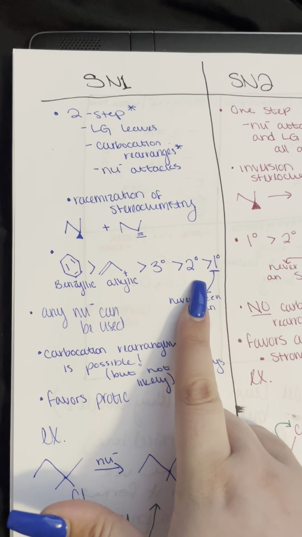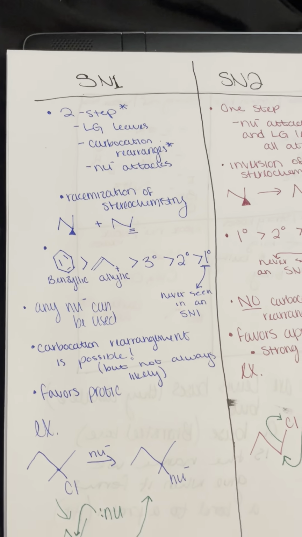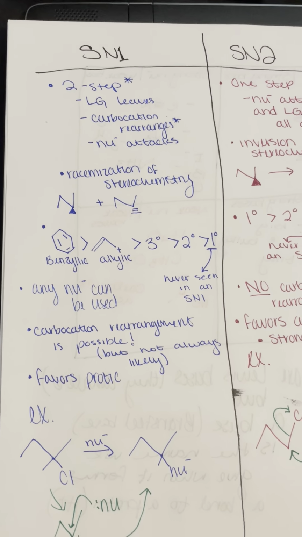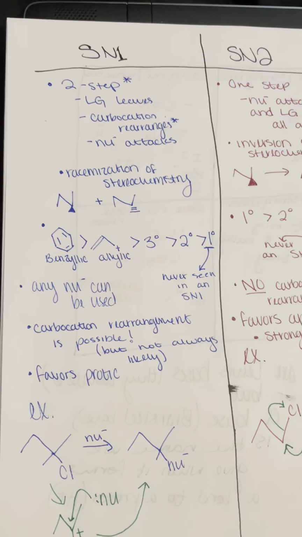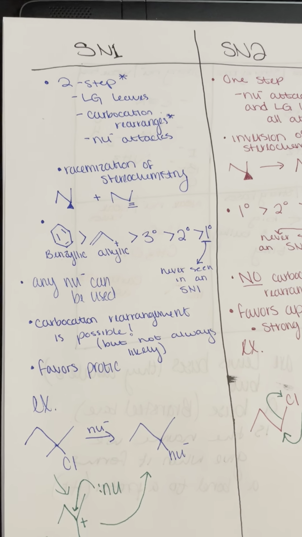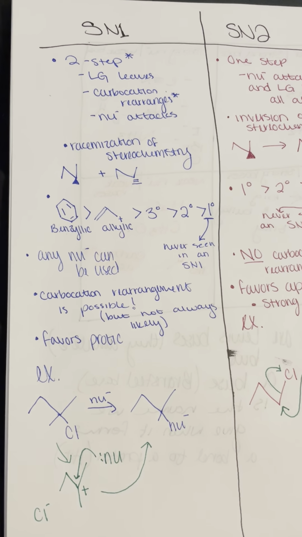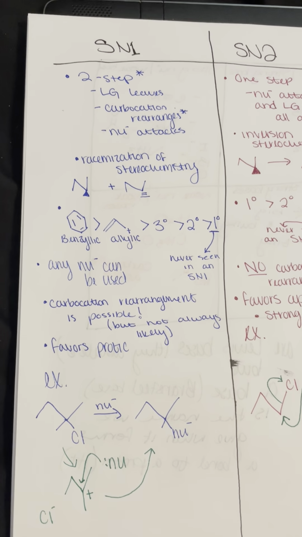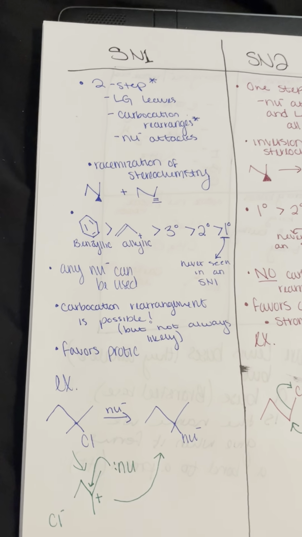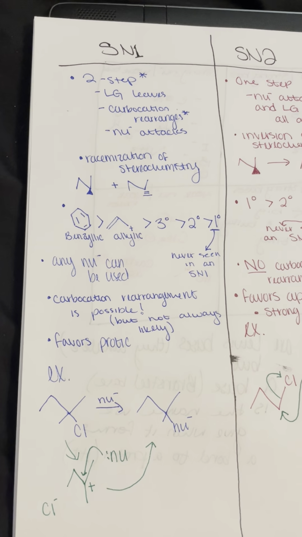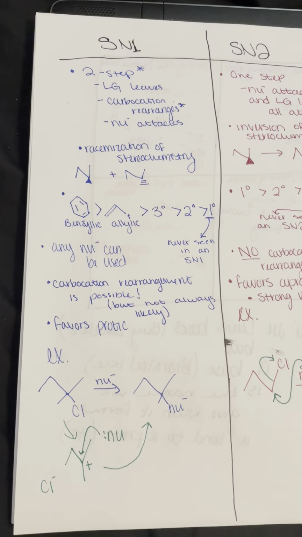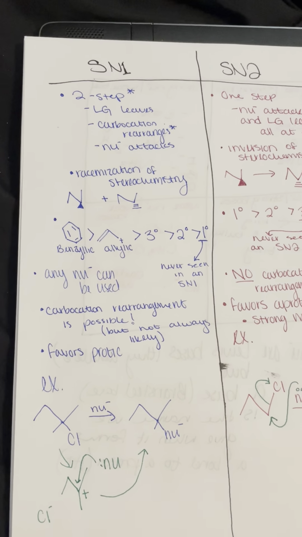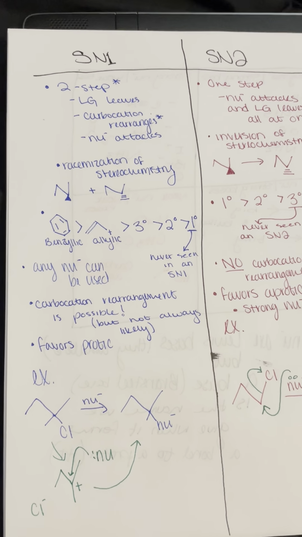Then tertiary, secondary, and primary. Now you should have learned about tertiary, secondary, and primaries in a previous chemistry course. But a primary substrate is never to be seen in an SN1 because it's just simply not possible.